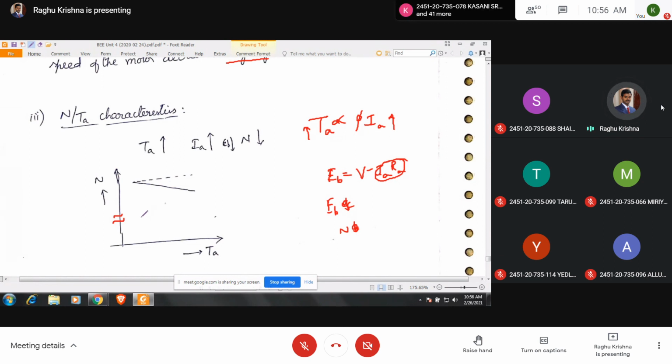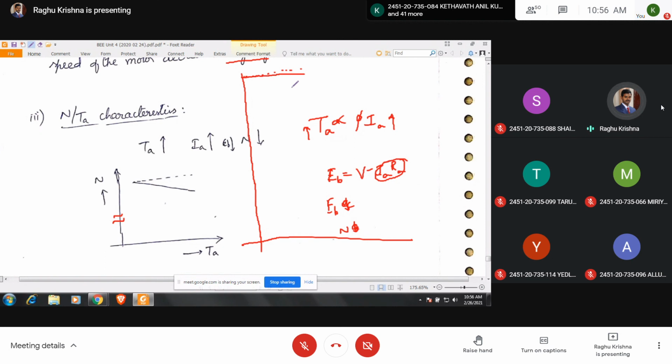Actually, if you draw these characteristics on a graph by taking an equal, linear scale, you are going to get something like this. If this is the y-axis and this is the x-axis, this is the dotted line, and here a very slight, very small drop.